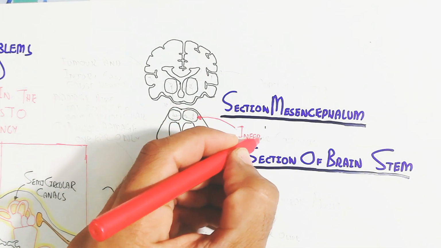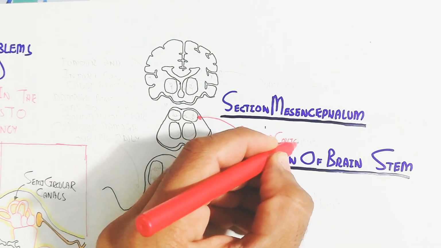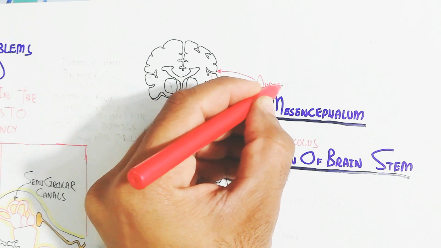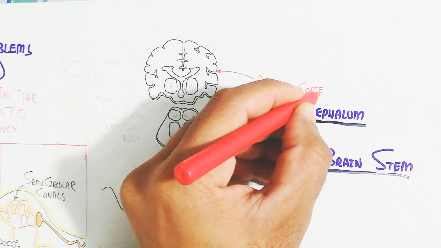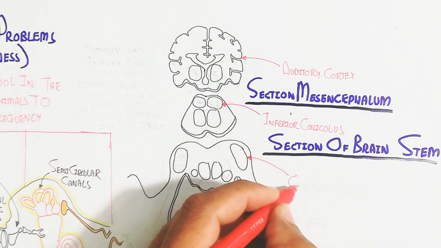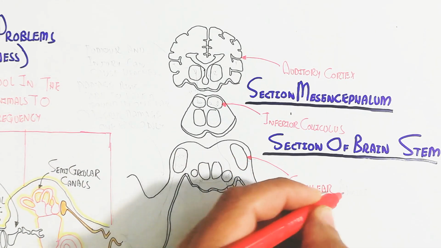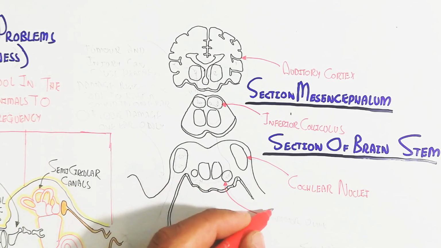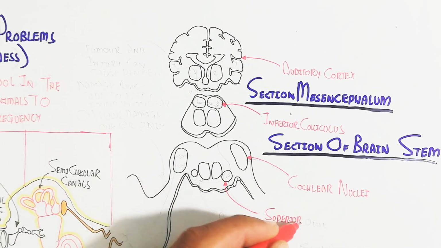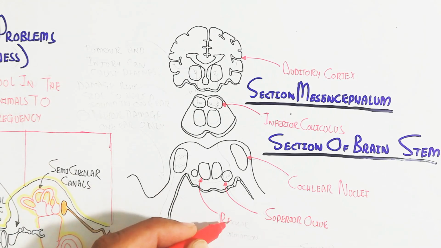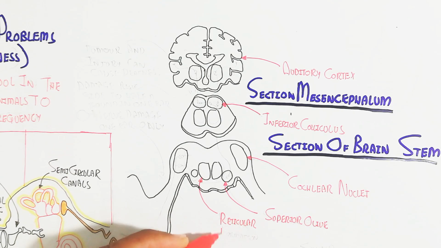The inferior colliculus is used to transmit the signal to both sides of the auditory cortex, so even one side can detect the sound for the other side. From the inferior colliculus, we have the cochlear nuclei here, the superior olive nuclei, and the reticular formation.